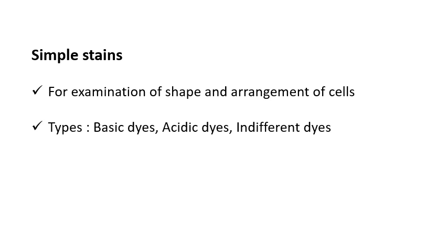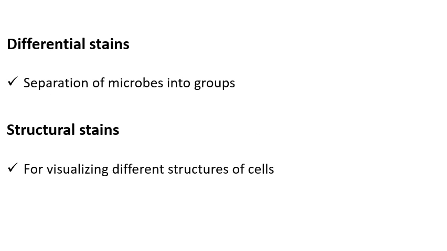There are three different types of simple stains: basic dyes, acidic dyes and indifferent dyes. The second one is differential stains. This is particularly used for the separation of microbes into groups.